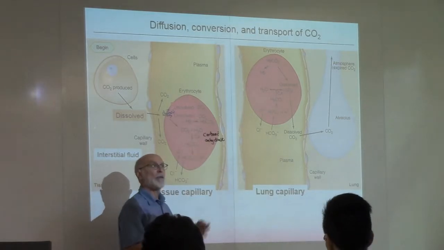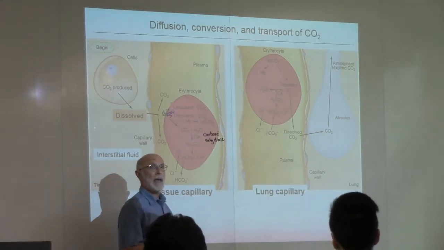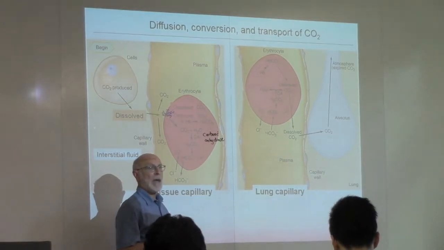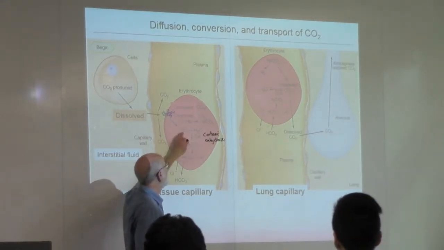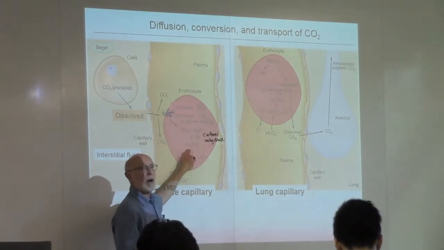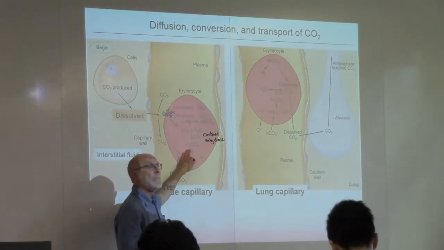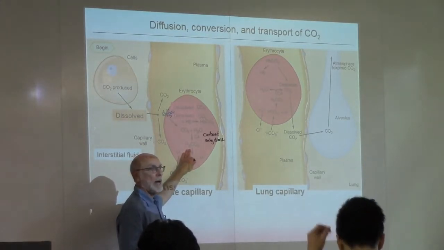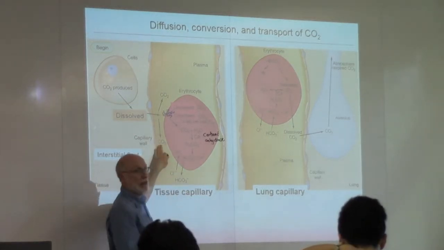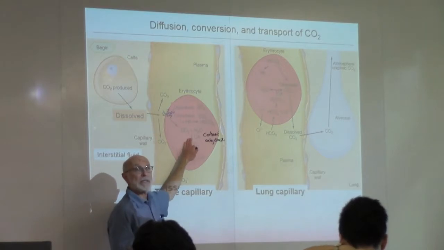It's an enzyme present inside red blood cells, and as an enzyme, it accelerates the reaction. In this case, the reaction it accelerates is the combination of CO2 with water to make carbonic acid, accelerated 1,000,000 times by carbonic anhydrase. So out here, that step is very slow, and here that step is very fast.